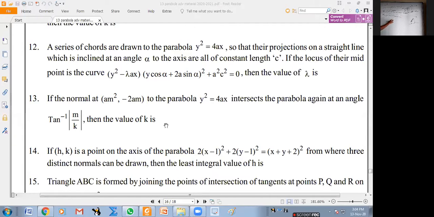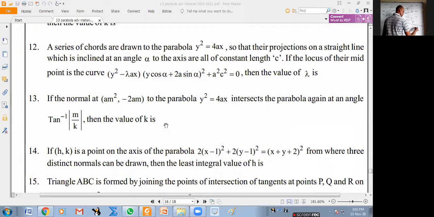Okay, so I can write this in terms of x and y if I wanted by using this result. When I equate this, I'll get t1 plus t2 is y1 by a, and t1 square plus t2 square is 2x1 by a, and this one, t1 minus t2 whole square, is 2 times (t1 square plus t2 square) minus (t1 plus t2) whole square.